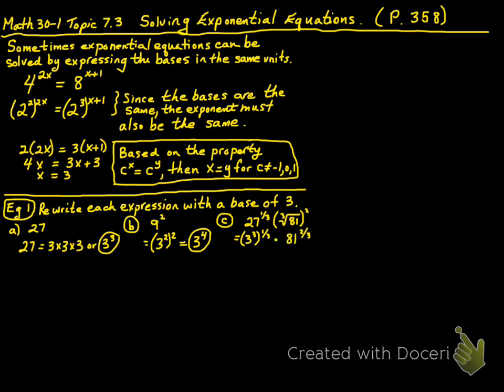To simplify this, 3 to the power of 3 times 1/3 would be just 3. And 81 is 3 to the power of 4th to 2/3, or 3 to the power of 4 times 2 is 8/3. And 3 to the power of 1 times 3 to the power of 8/3 is 3 to the power 11/3.